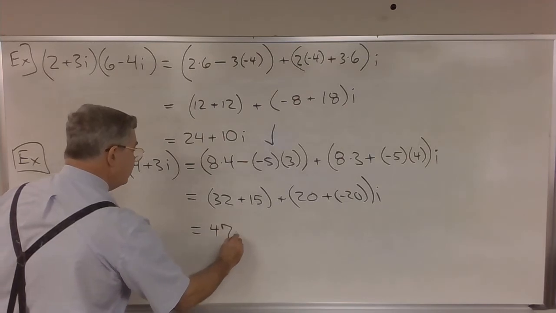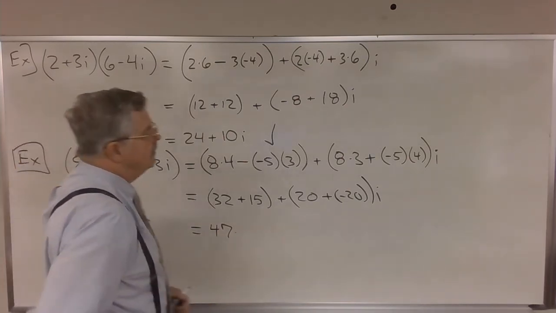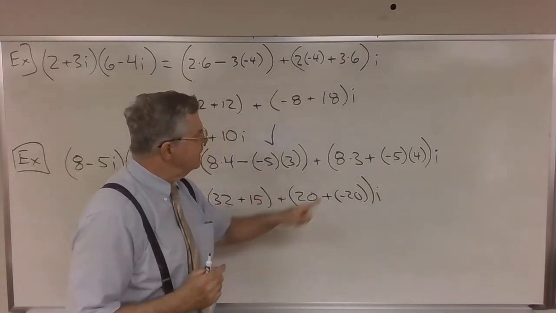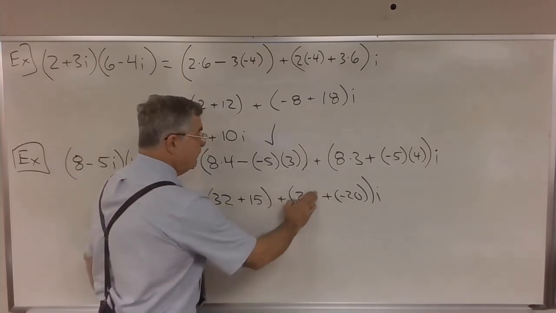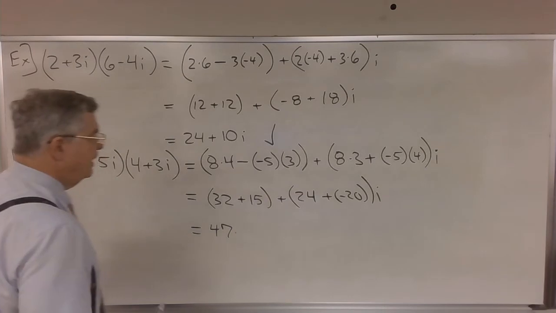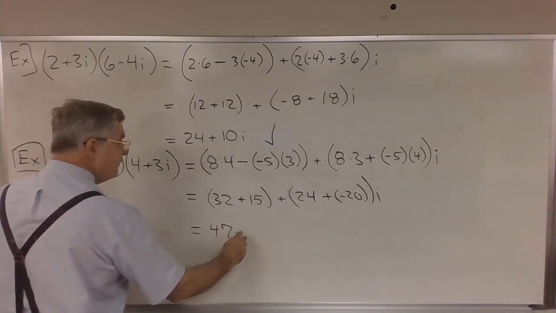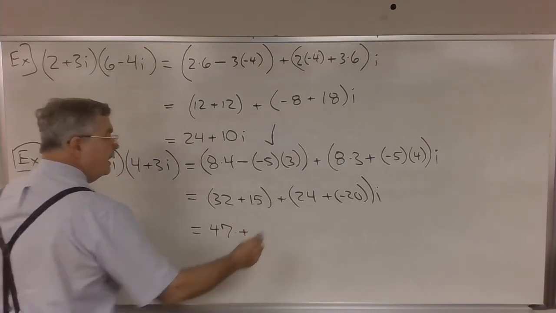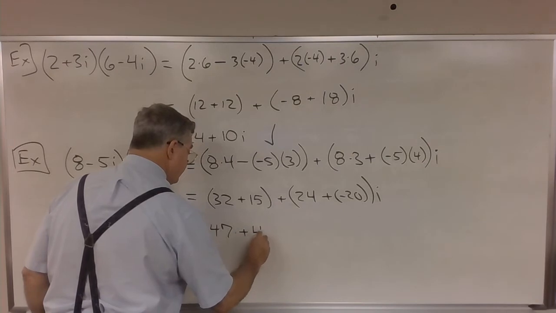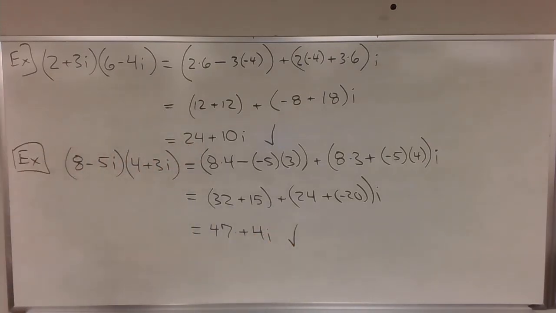So 47, let me see, I ran out of fingers here, I miscalculated. 8 times 3, 24, yeah, how does that sound? So 32 plus 15 is 47, and we have 24 minus 20 is 4i. So there's our answer.